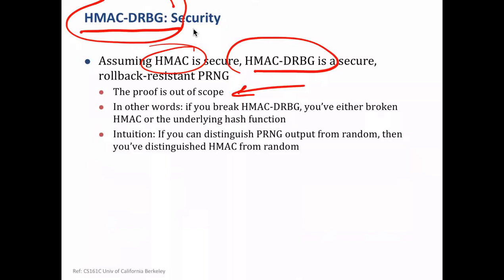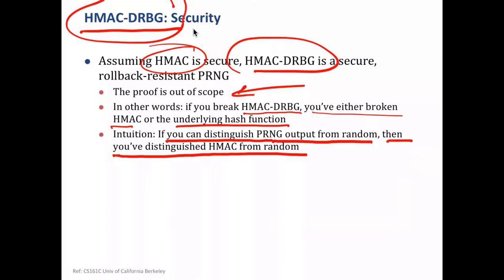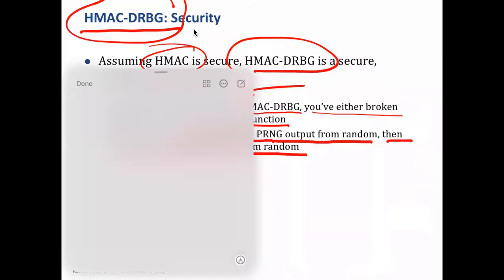But we can say that if you break HMAC DRBG, then you have either broken HMAC or the underlying hash function. So basically, if you can distinguish PRNG output from random, then you have distinguished HMAC from random.